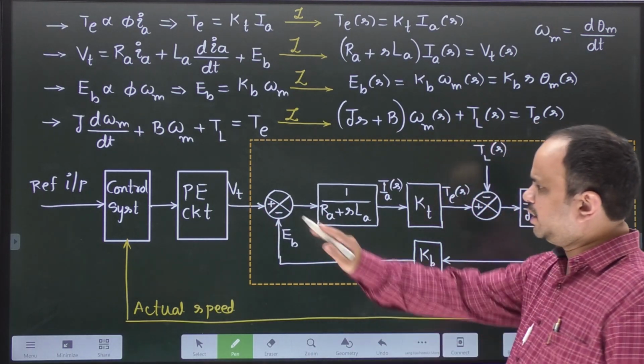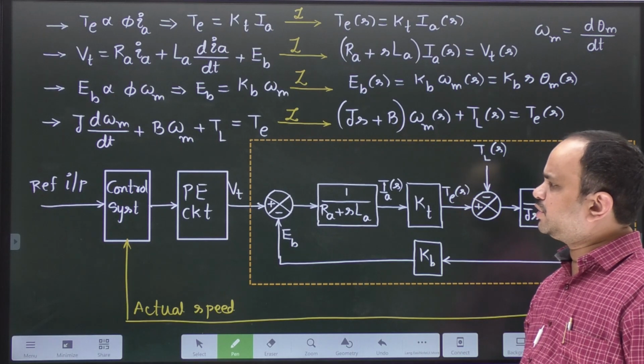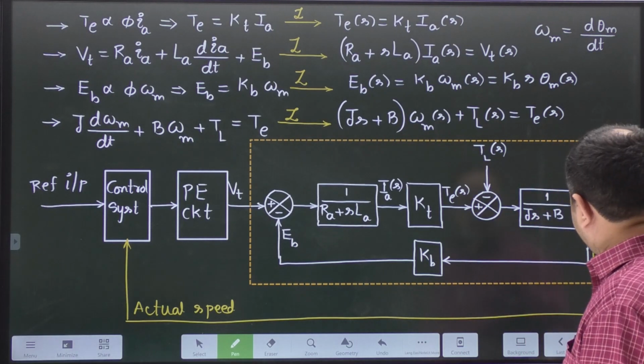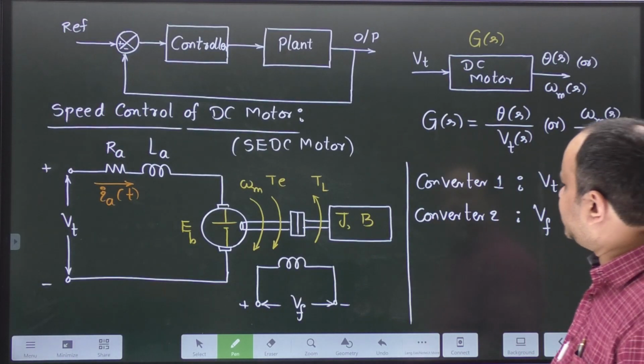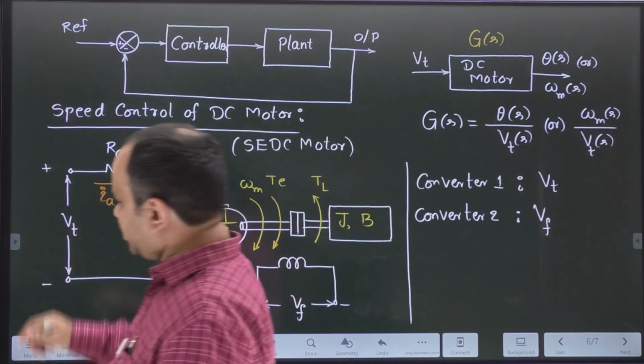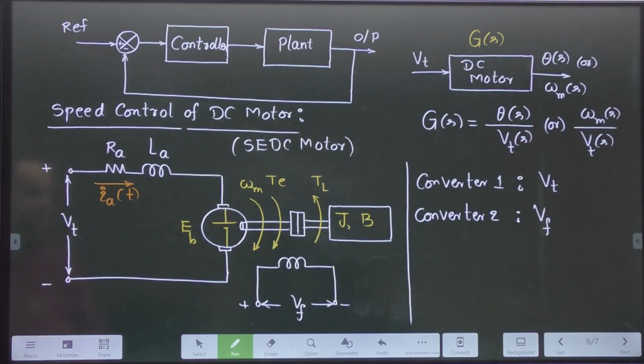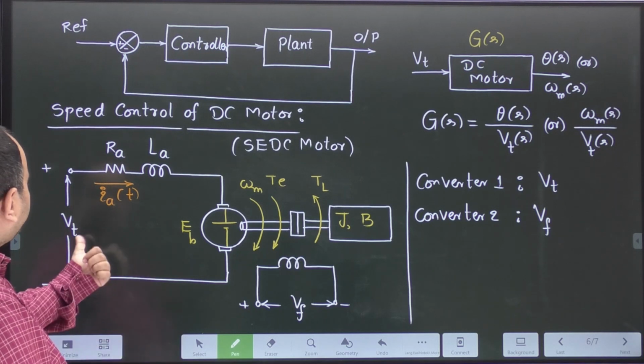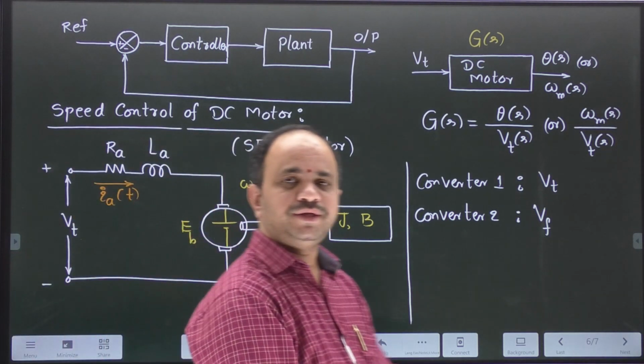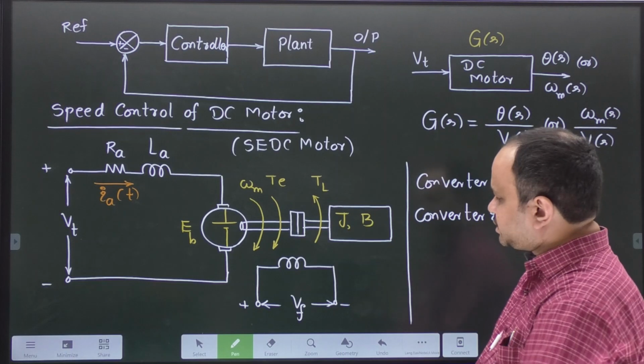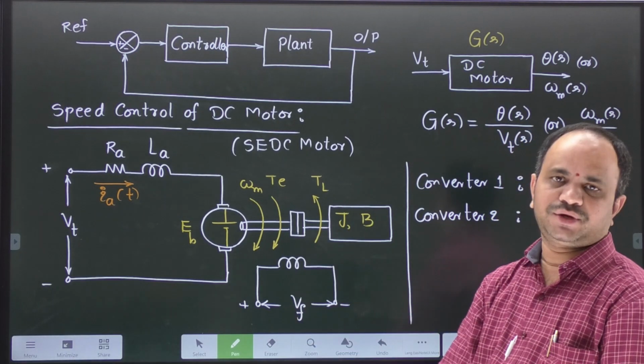Accordingly, that power electronic circuit will be controlled. Now the question is, what type of power electronic converters can be used to produce this terminal voltage for the armature circuit as well as the field circuit?